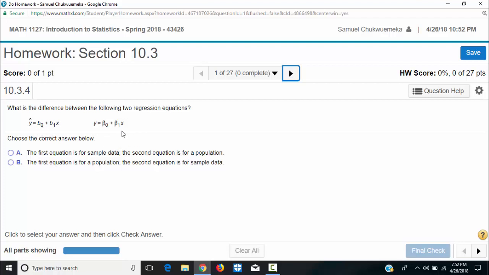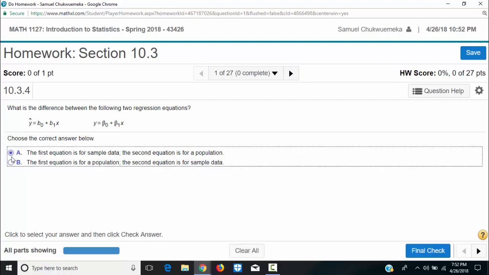Beta is the Greek alphabet. Beta 1 is the slope and beta 0 is the y-intercept. So this first equation is for sample data, and this second one, where you see the beta, is for population. So the answer is A.